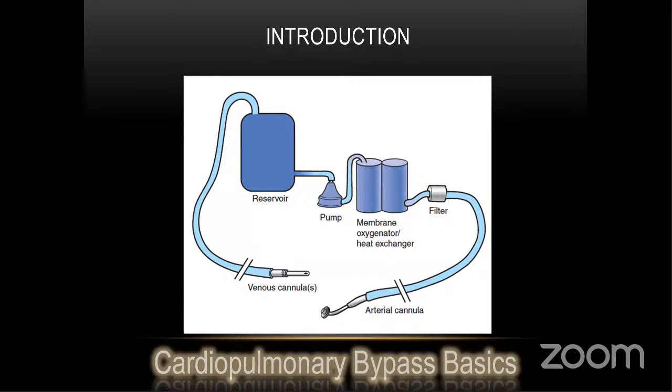The basic cardiopulmonary bypass circuit consists of venous lines, reservoir, pump, then oxygenator with heat exchanger and filter, then back to the patient through the arterial line.